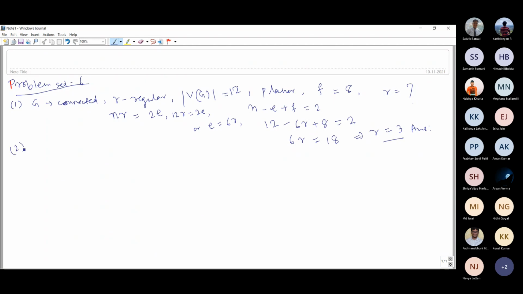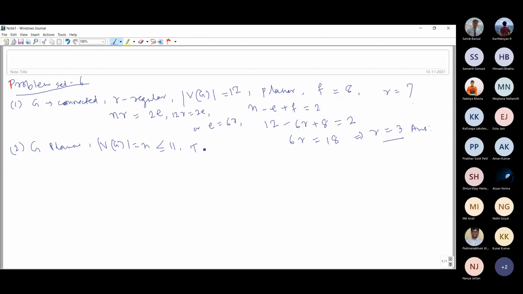Now tell me, prove that if G is a planar graph of order n less than or equal to 11, where order means the number of vertices, then one can prove that there is a vertex in the graph G with degree less than or equal to 4.